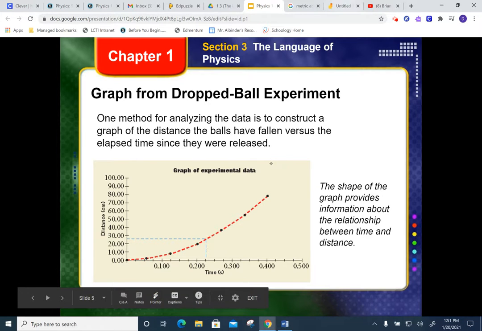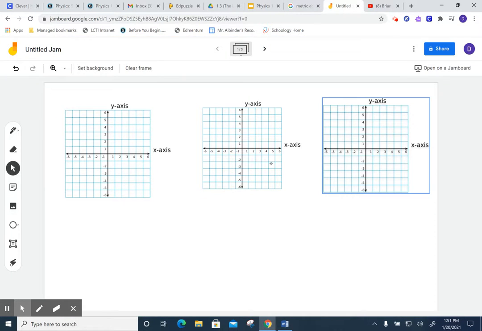If something falls at the same rate constantly, it is simply going to create a straight line as far as time versus distance, okay? However, if something speeds up as it falls, the distance is going to increase over time, okay?